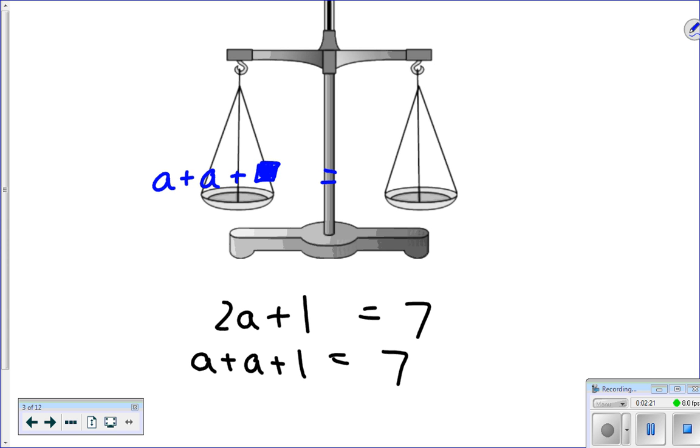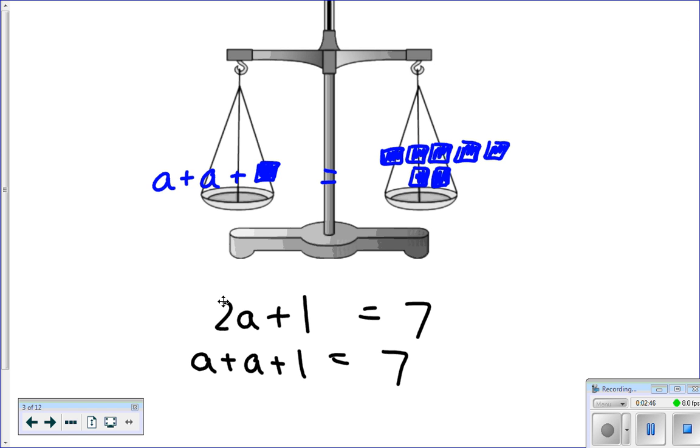And then I got to come up with 7 boxes. 1, 2. Alright, so that's what my scale looks like. And they're equal. So my job is to find out what one of those a's is.